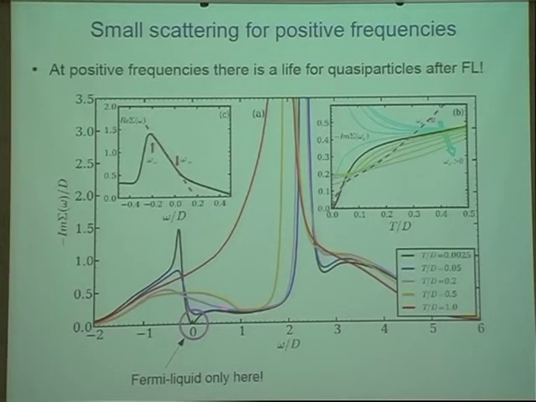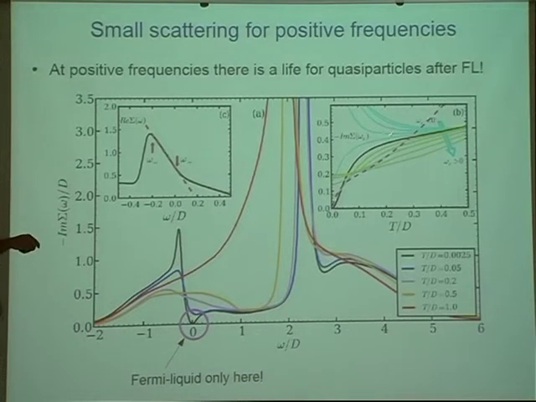At these positive frequencies, these values are really low. So this has a small scattering on the positive frequency side, and this is why we saw this big signal on the positive side with quasiparticles. You can understand it also from this plot here. These plots show, as a function of temperature, the imaginary part of the self-energy at given frequencies. The black curve is, for example, the one you get exactly at omega 0.